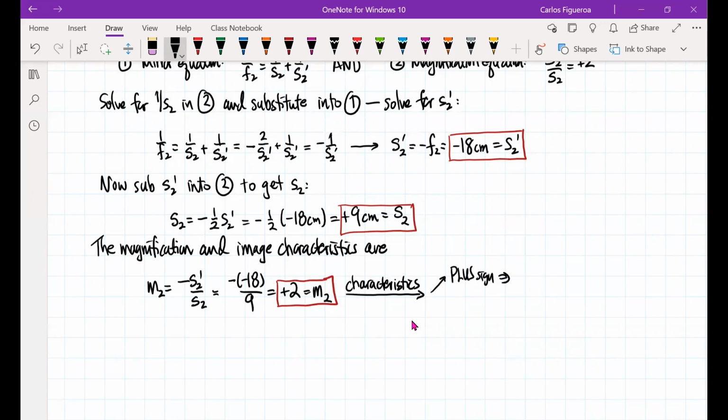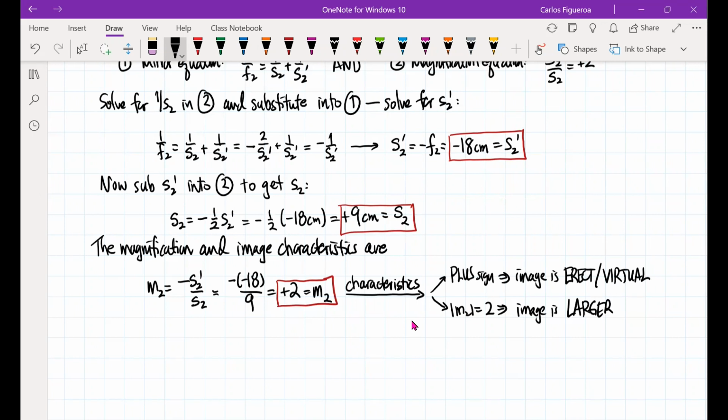A plus sign says that the image is erect, and because it's erect, all erect images are virtual. And the other characteristic here is that M2 is 2, so that means the image should be 2 times larger. So the image is larger.